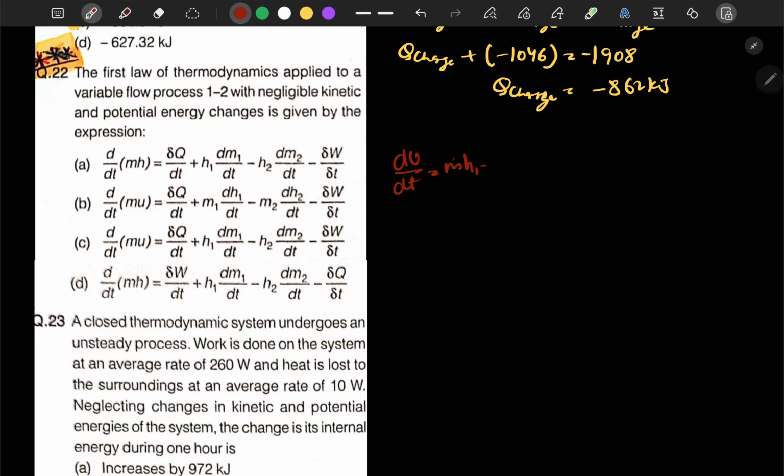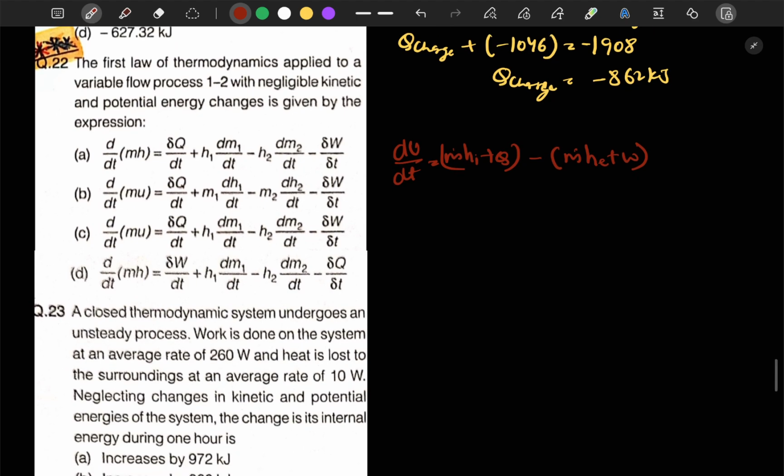m dot hi plus Q minus m dot he plus W. Okay, so this was our energy conservation equation. We can deduce from it that U can be written as mu.